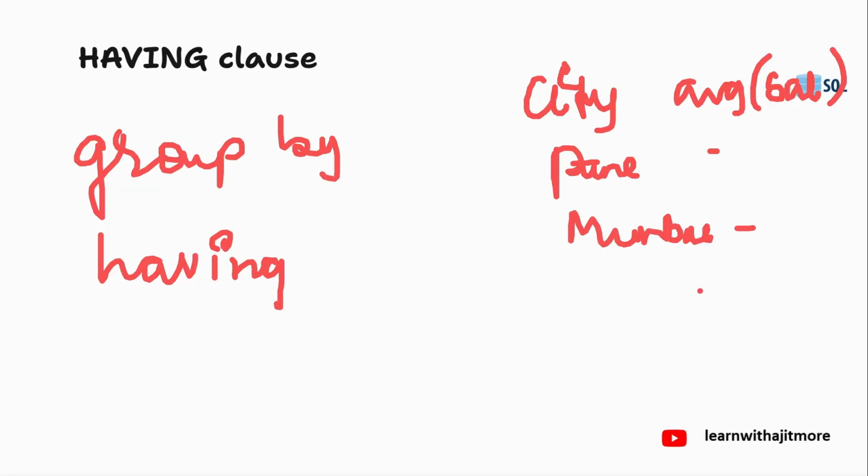जैसे इसमें अगर कहा है आगे कि I want to print only those cities whose average salary is more than 50,000.